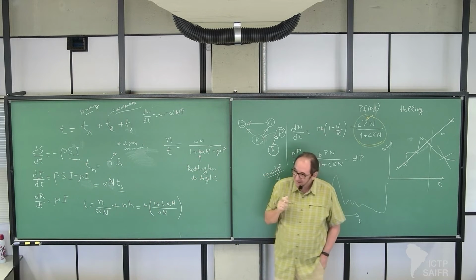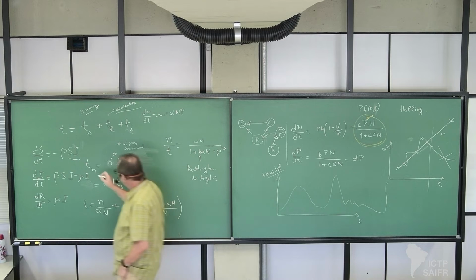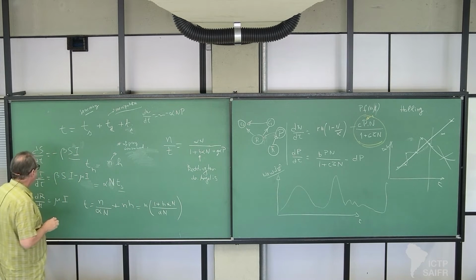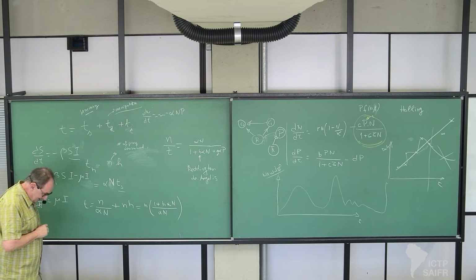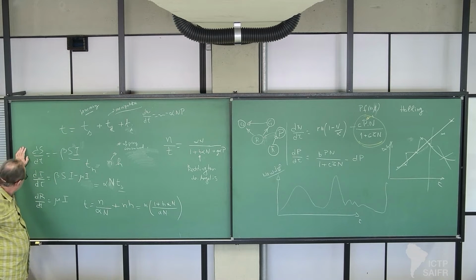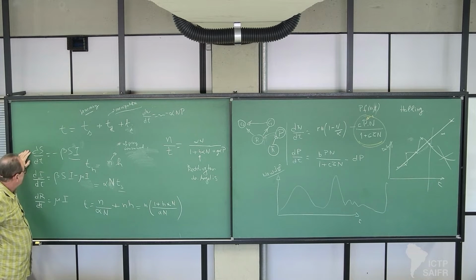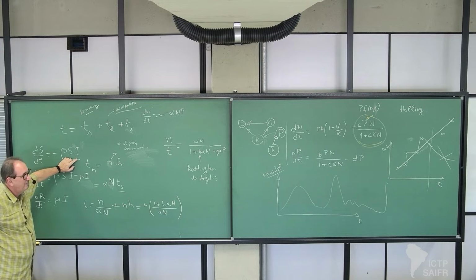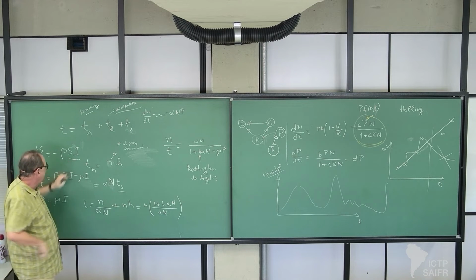If you look at this, the number of susceptibles being infected is proportional to S times I, but in malaria you don't have this.